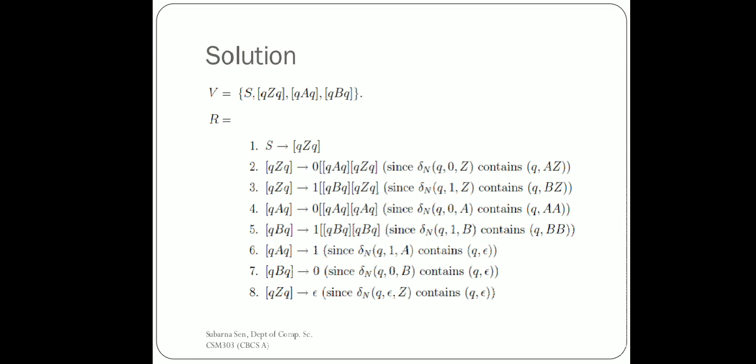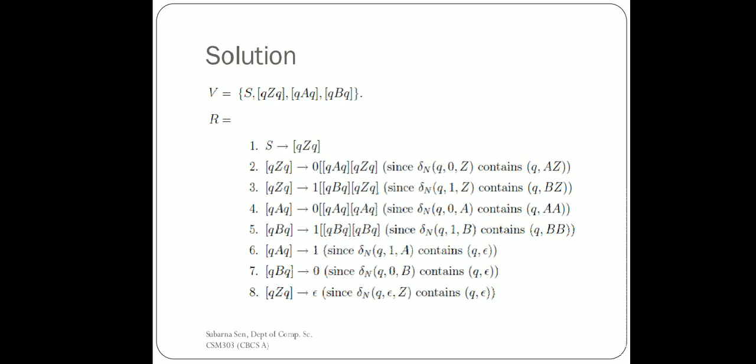So if we are feeding 0 to this QZQ, ultimately we can move to QAZQ, because Z will be replaced by AZ. So for this transition Q0Z, we will generate this AZ. Similarly, if we are feeding 1 to it, instead of moving to A, it will move to B. So this has been written.